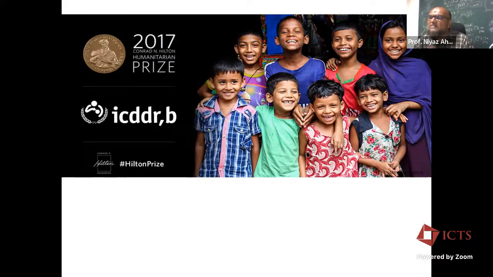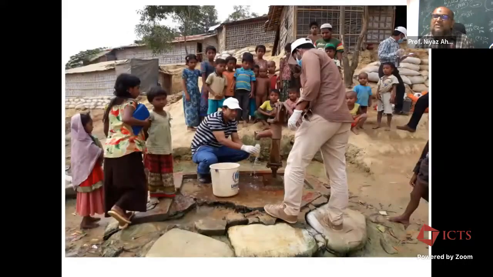This prize gives $2 million US as prize money to the institute and the working groups, whereas the Nobel Peace Prize gives only $1 million. This is definitely lesser than the Nobel Peace Prize in prestige, but in terms of monetary value, it gives more money, so that field programs can be taken up and more change can be brought into the life of the people in real time.